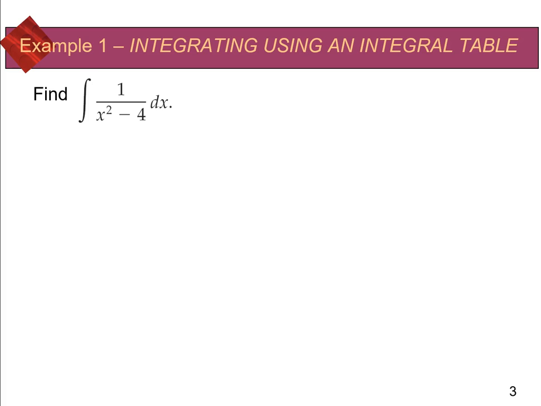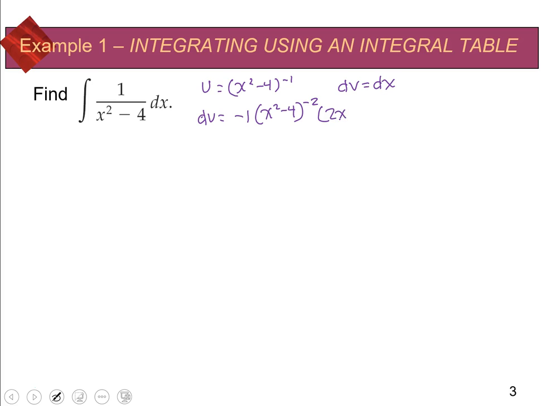If I let u equal x squared minus 4 to the negative 1 power and let dv simply equal dx, du is going to be negative 1 times x squared minus 4 to the negative 2 power times 2x dx. v is going to equal x.